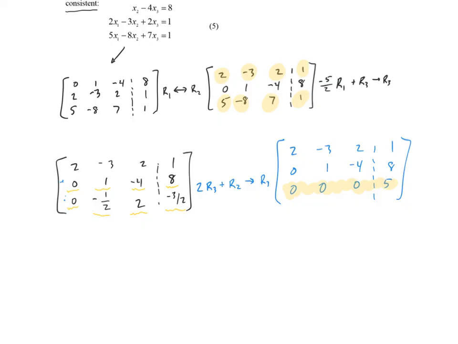That bottom row says 0 equals 5, to which I say no, I'm pretty sure those are two different numbers. 0 and 5 are not equal to each other. I have no more variables left on the left-hand side. 0 equals 5, that is false. That is an inconsistent statement. This is an inconsistent system, and it has no solution.